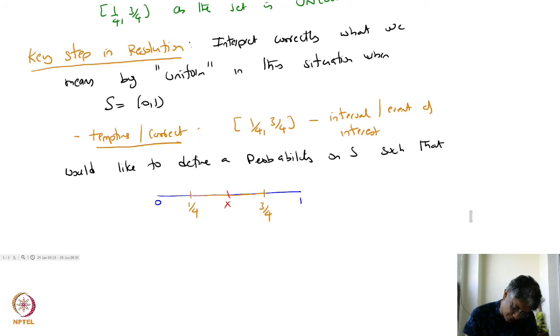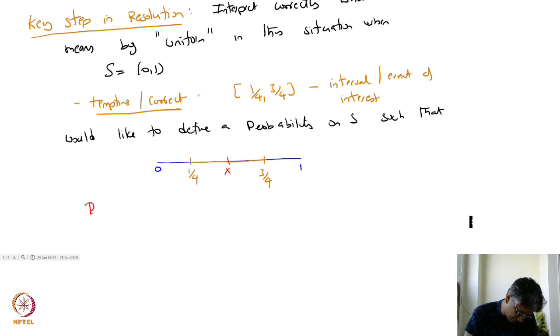So what I would do is I would say that the probability of finding a point in 1/4 to 3/4 should be equal to a half. Why is that?